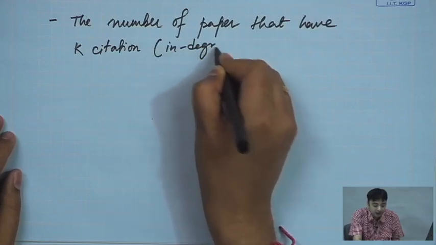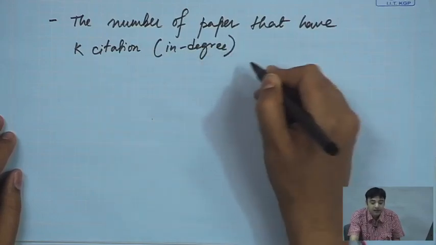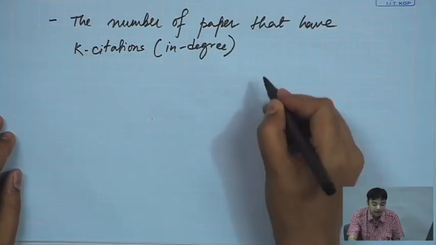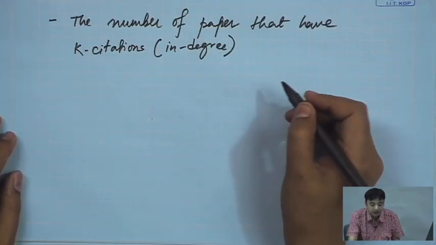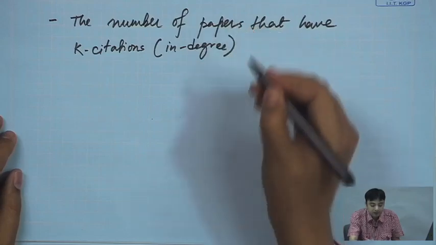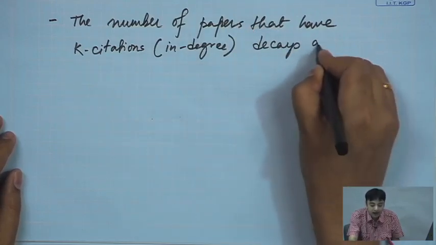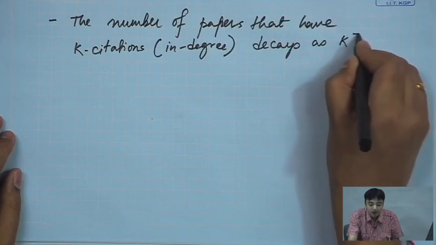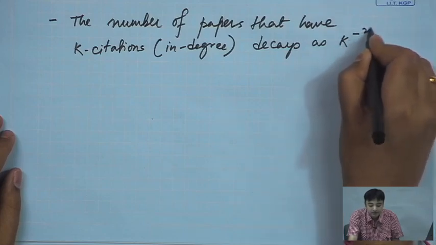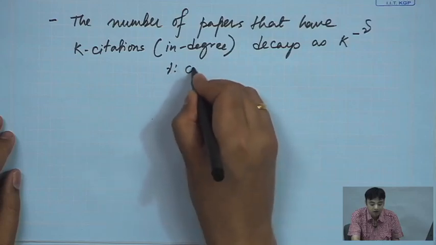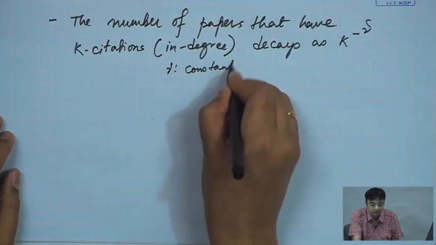Since the citation network is a directed graph, it can have both in degree and out degree. So, the number of papers that have k citations, or in degree, decays as k to the power minus some constant gamma, where gamma is a constant.